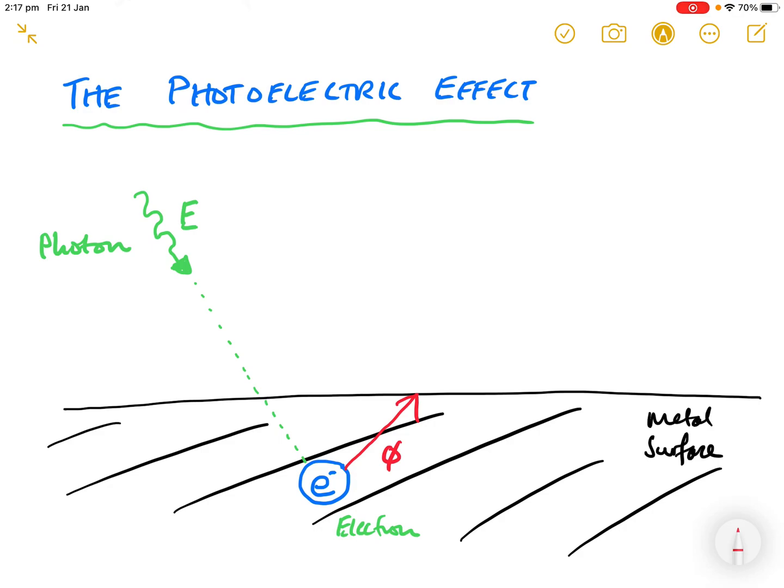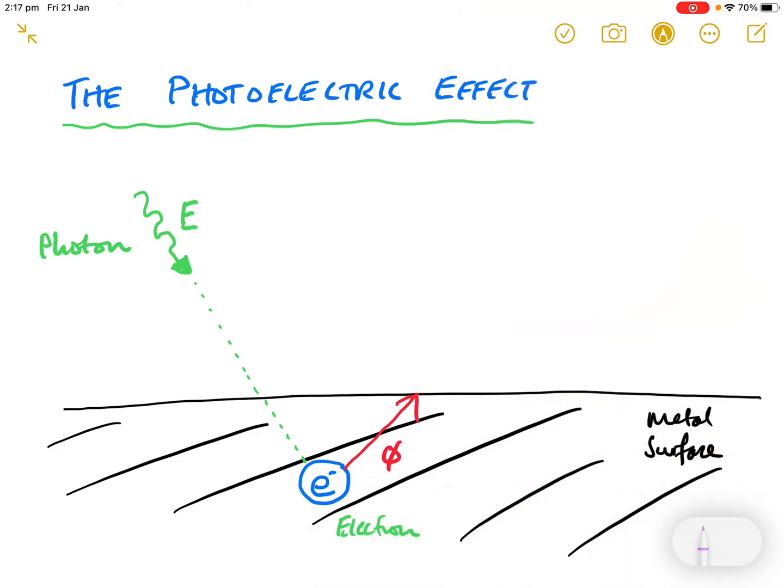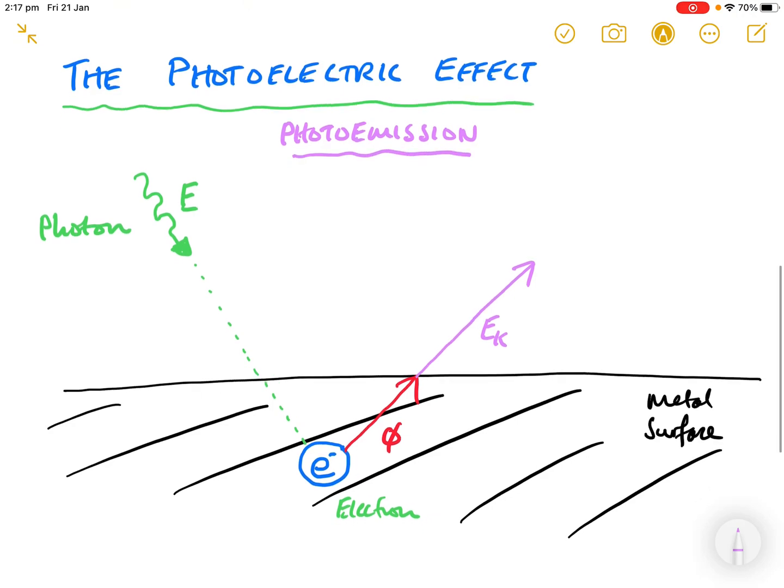If the photon has any energy left over, then it's entirely possible that the electron will be liberated with kinetic energy, so it will have some EK when it leaves. And this process is called photoemission. Okay. We talk about the electron being liberated or emitted from the metal surface.